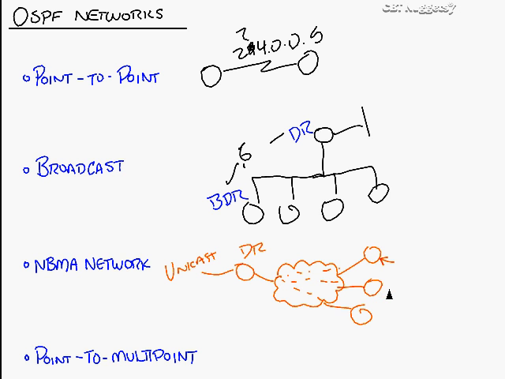The same goes for any of these other neighbors. This one is the only one that could be the DR in this network, and it will maintain the database for this whole cloud. When this router sends an update in, this one will update it and figure out what that means to the topology table and send that update to all of the other neighbors. It is the central point of contact in this network.